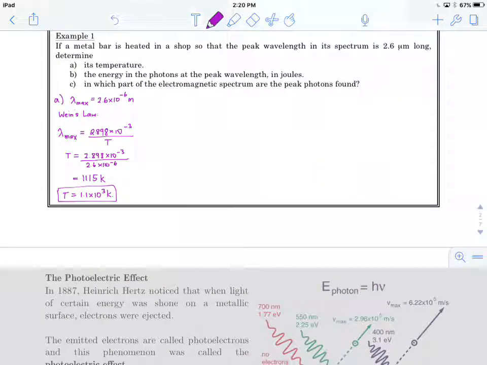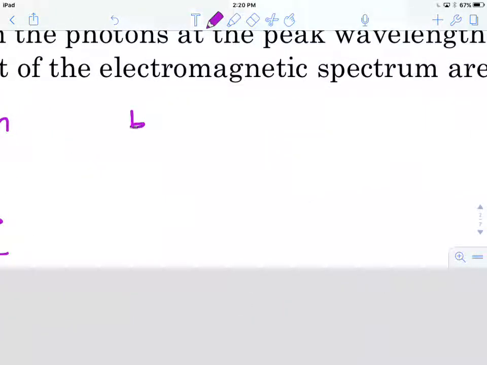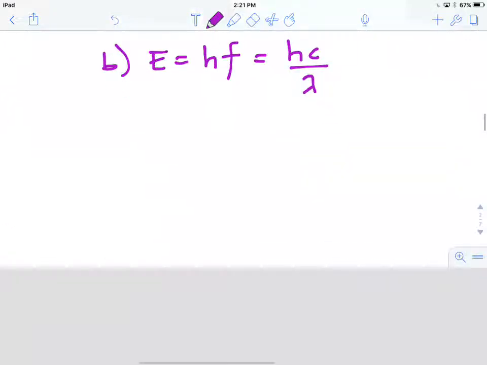We want to know B. What's the energy of these photons in joules? So we have this now handy formula. E is equal to h times the frequency, or hc over lambda, and this is the formula that we're going to use.